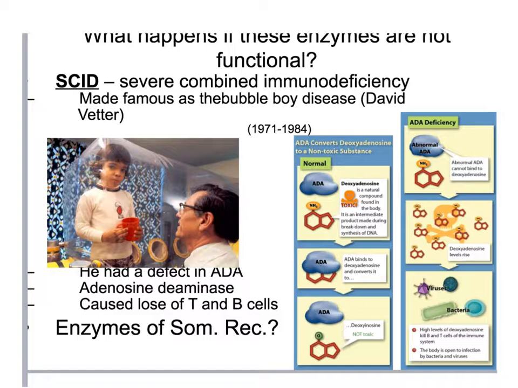What's interesting is that this toxicity is specific for the bone marrow, and it ends up killing your B cells. So if you don't have adenosine deaminase, you don't make B cells properly, and you can't fight off infection, and you can't do somatic recombination.